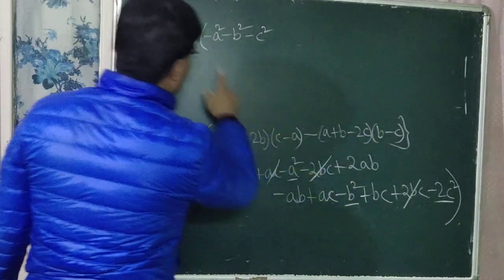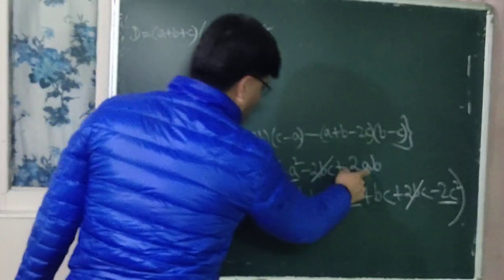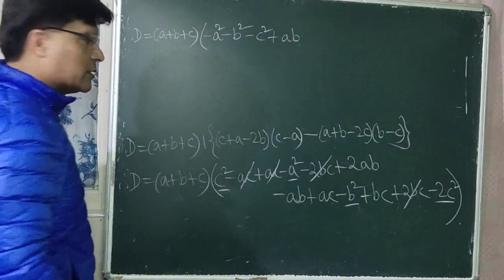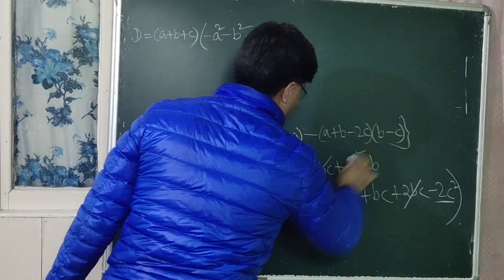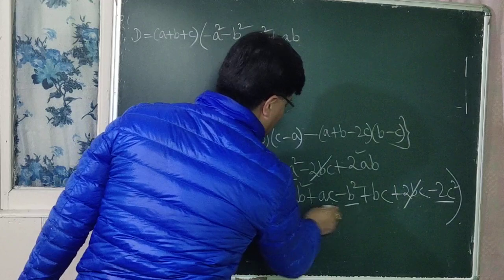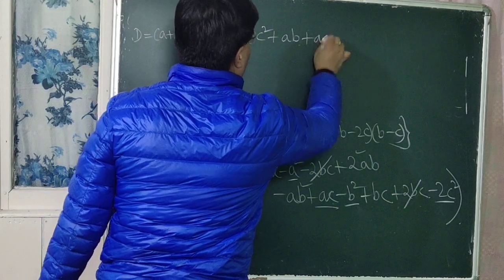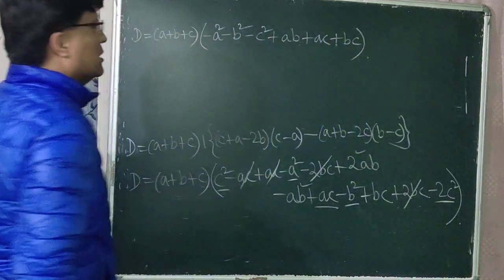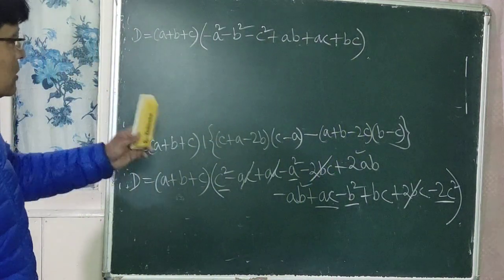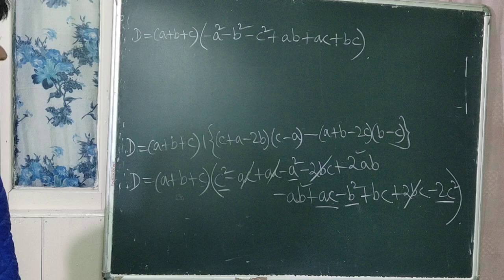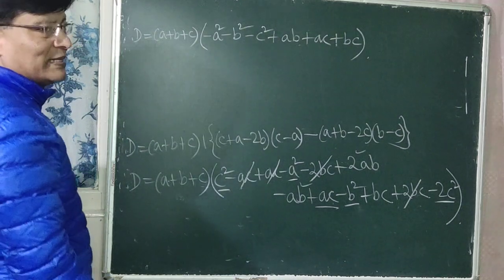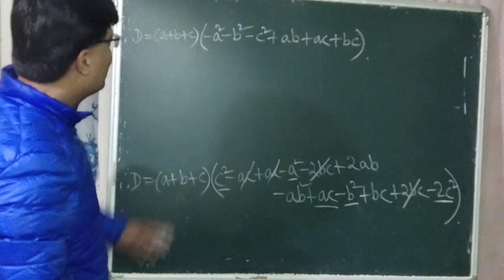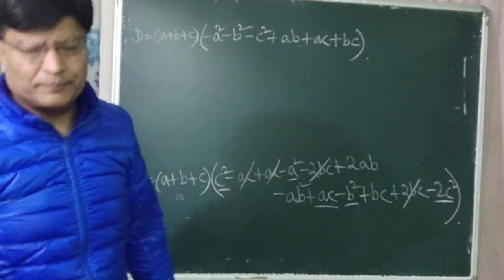This is minus A square minus B square, right? Now 2AB minus AB minus AB. Next, this is plus AC. Then next plus BC. So we got this expression. Okay. Now let us expand it again. You can multiply them, or you may use a formula here also.